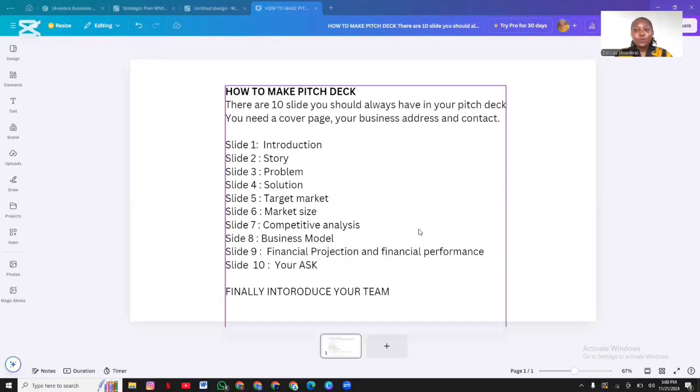So you tell us what the problem is. You already told us about the story, why you started the brand. So now the problem. What is the problem? For instance, with my brand, I noticed that from the beginning when I started my handbag brand, my mom was always complaining about the handles.